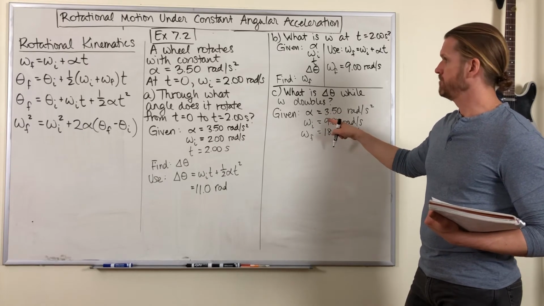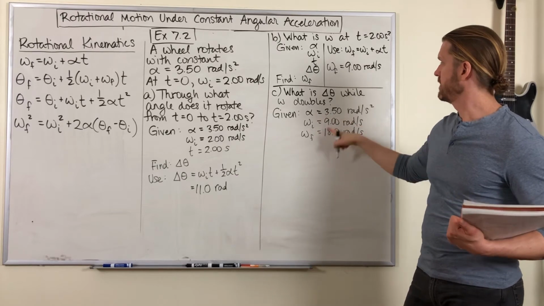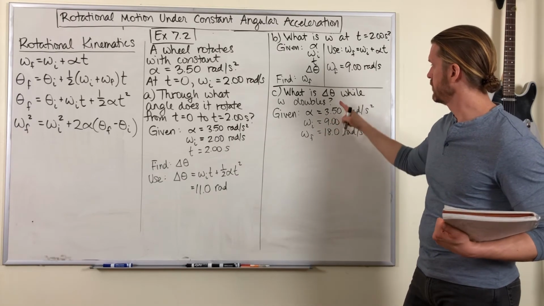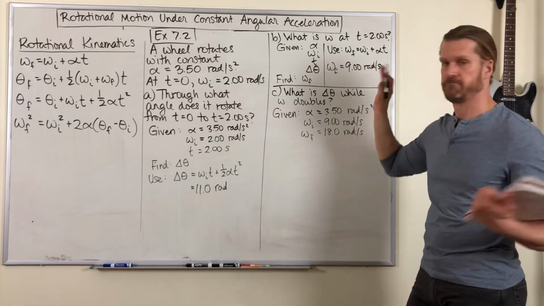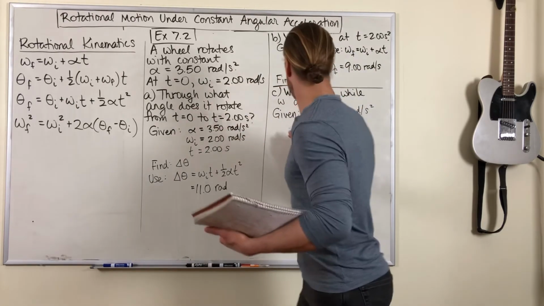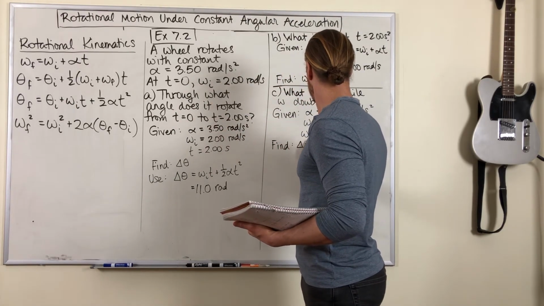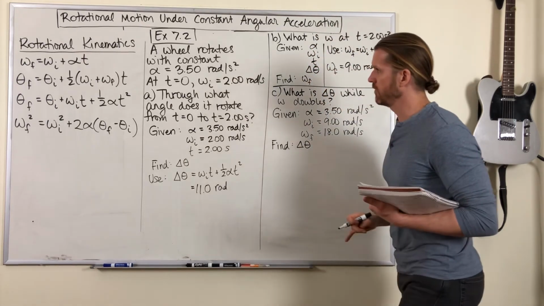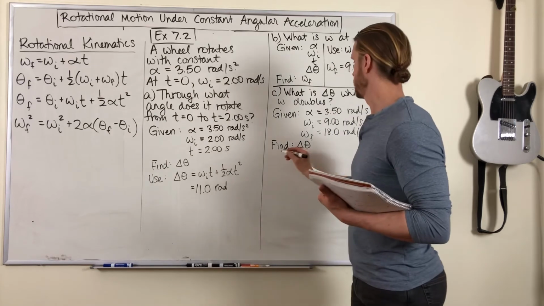All right, so we're given these quantities. We don't know how long it takes for this to double, so we can't use any time value before. We want to find delta theta. So it looks like there's just one equation that'll do the job, the fourth one.